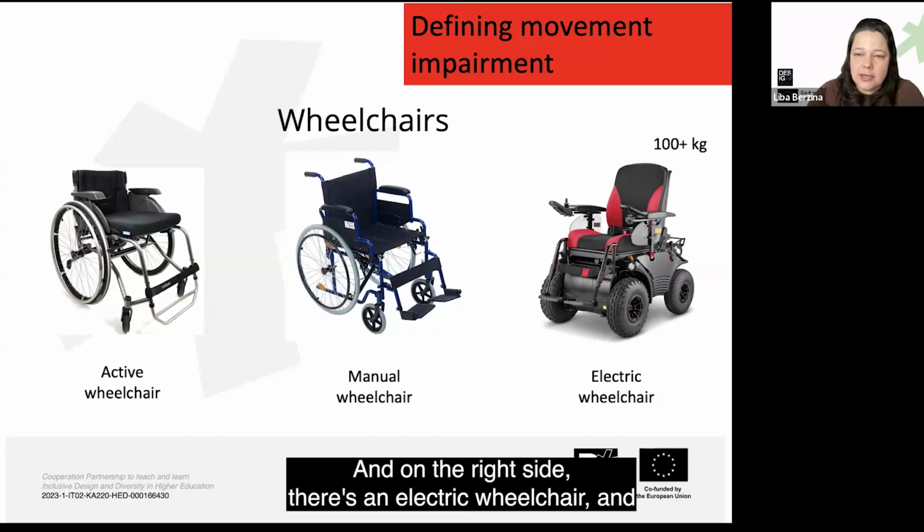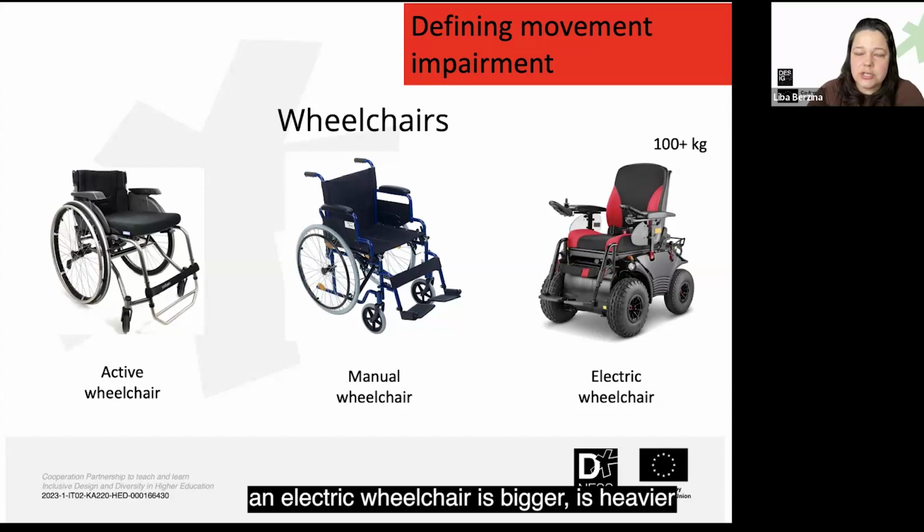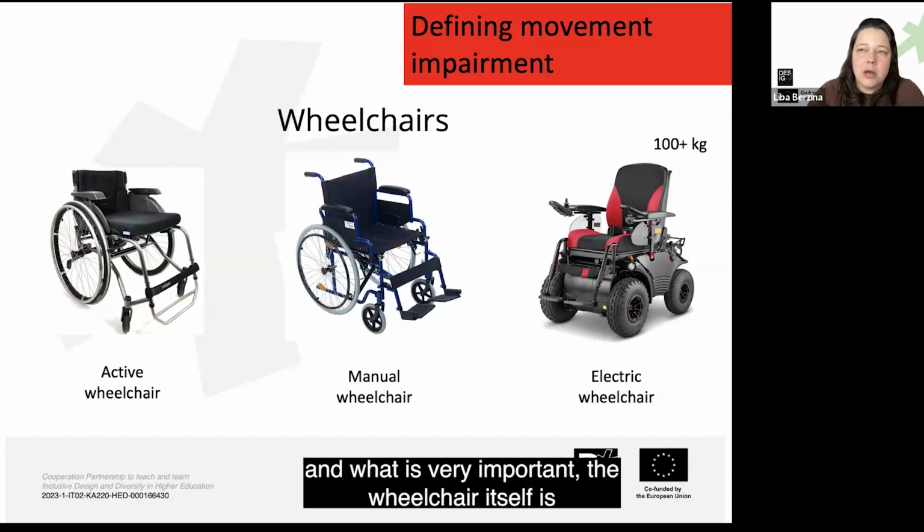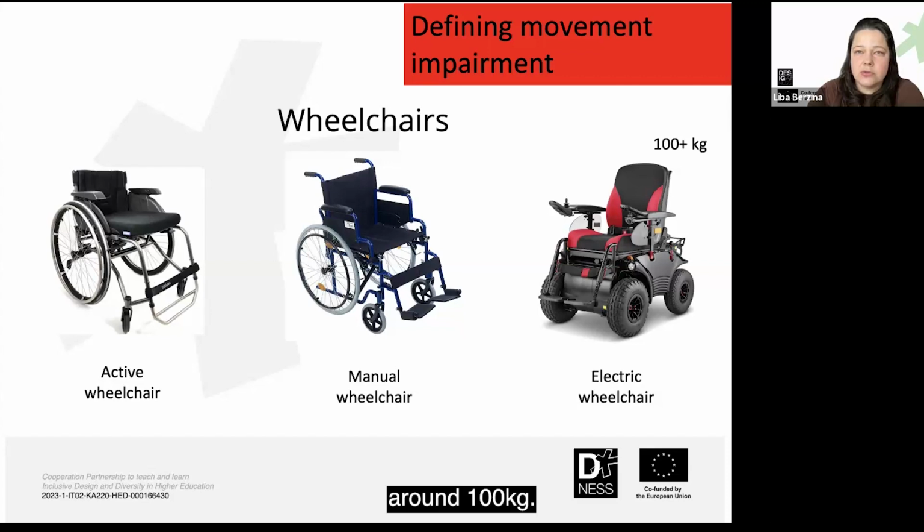And in the right side, there's an electric wheelchair, and an electric wheelchair is bigger, it's heavier. You need to have electricity to charge it. And what is very important, the wheelchair itself is around 100 kilograms. So imagine 100 kilograms plus a person. It's very, very heavy.